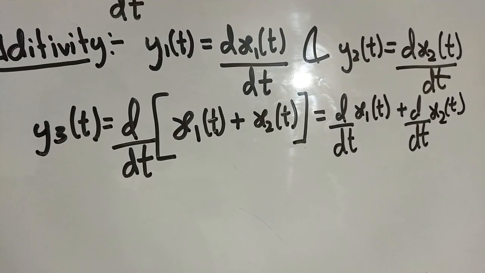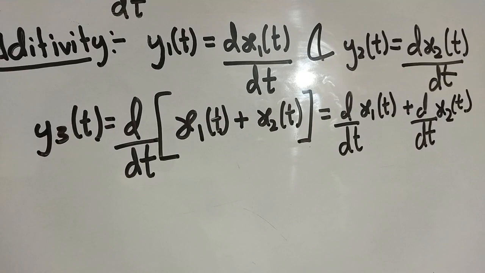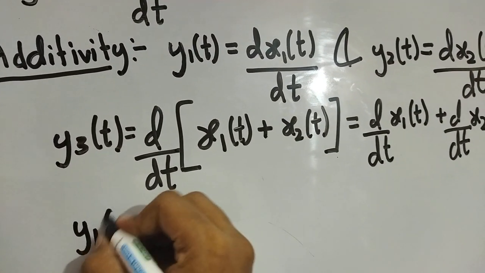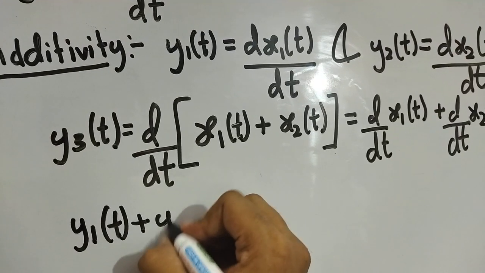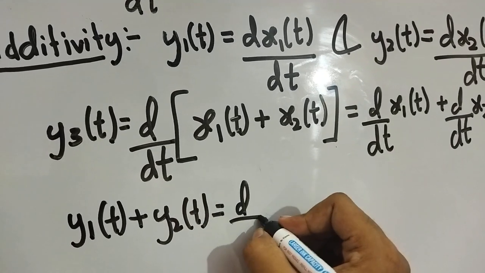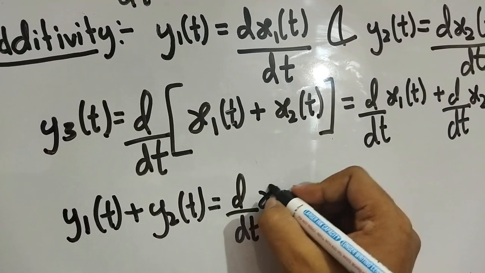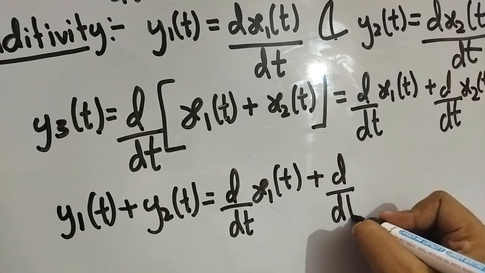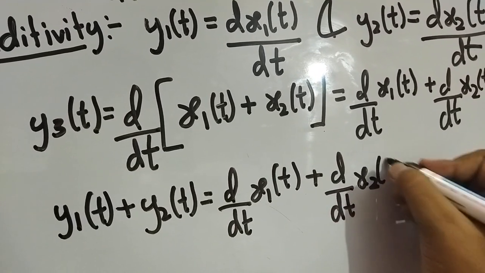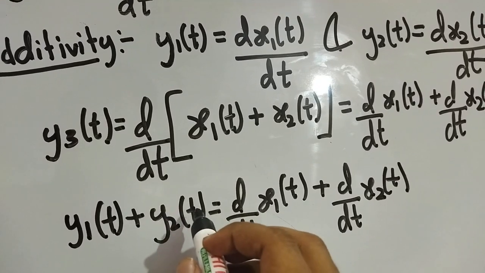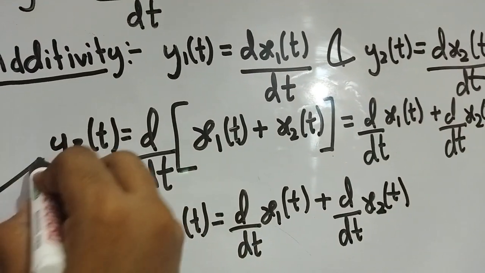Now let's add y1 of t and y2 of t. y1 of t plus y2 of t is equal to d upon dt x1 of t plus d upon dt x2 of t. So here y1 of t plus y2 of t is equal to y3 of t.